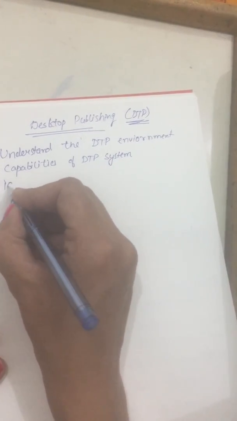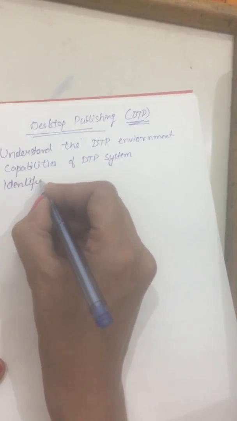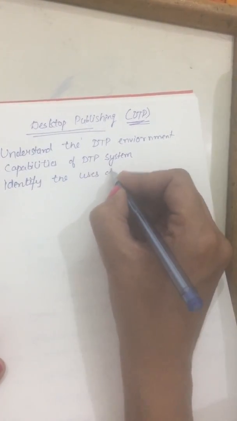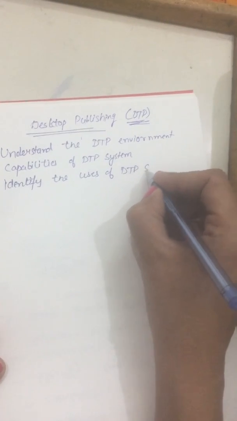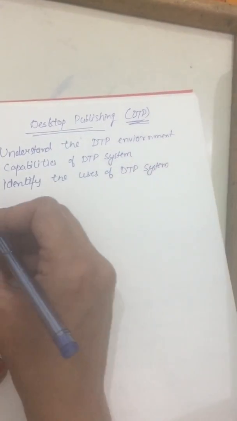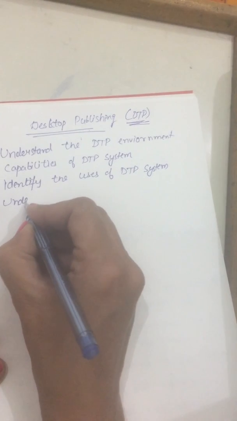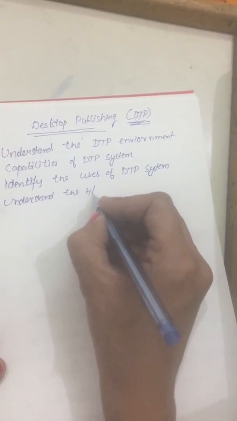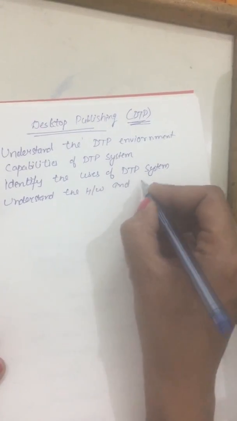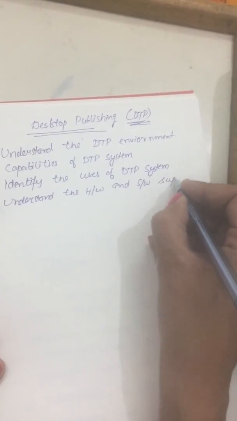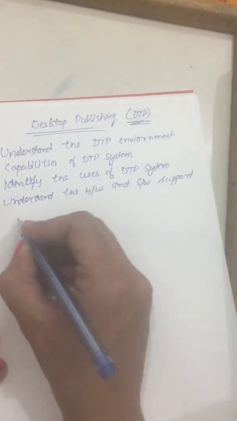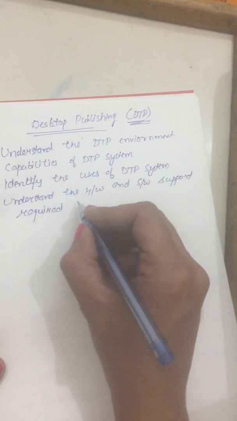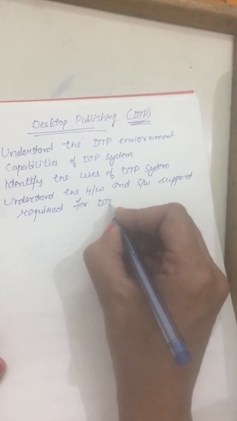And third, identify the uses of the DTP system, and then understand the hardware and software support required for DTP. It means which type of hardware and software is required for the DTP system.